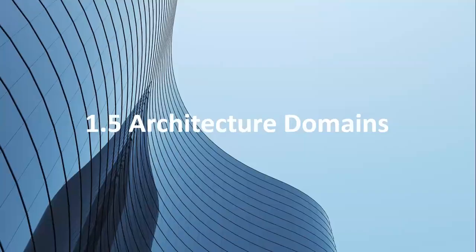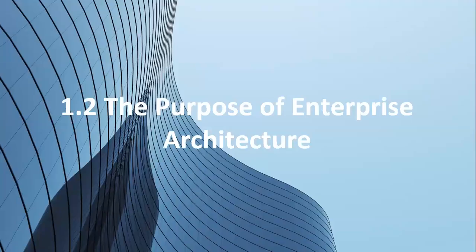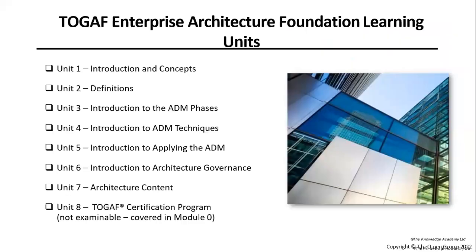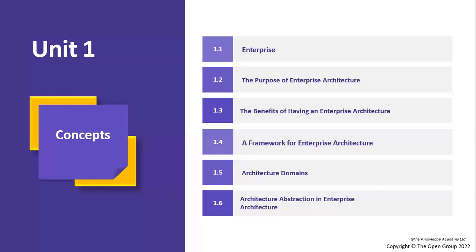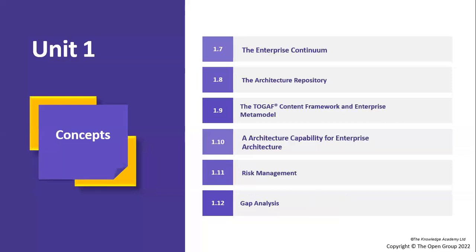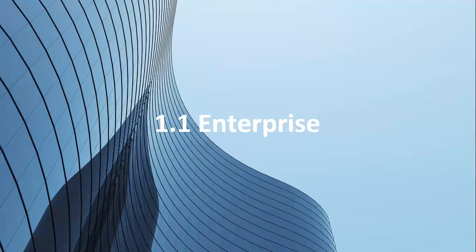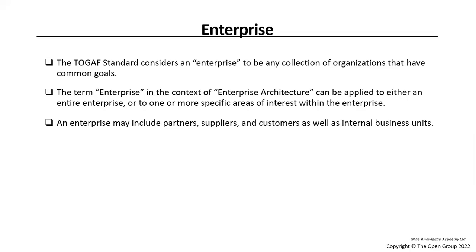So let's look at what all things we need to cover from this. Here we go. These are the topics given in foundation. This is level 1 I'm covering, not level 2. We discussed the enterprise. What is an enterprise? You remember we covered that, and how you scope an architecture. An enterprise is a collection of organizations with a common goal.